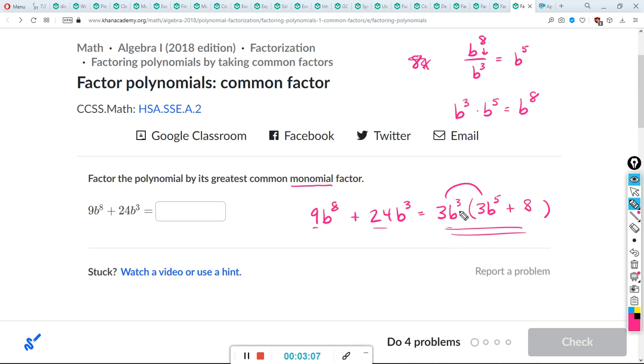And 3b to the 3rd times 8 is going to be 24b to the 3rd. So that's your answer. Again, you want to factor the number first and then the variable second, and the variable that you factor should have the lowest exponent out of the two.